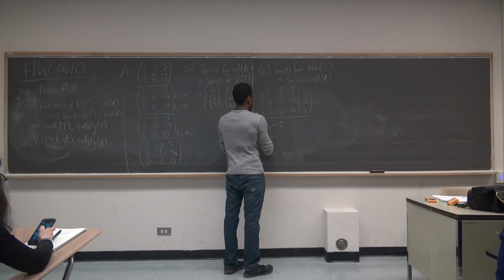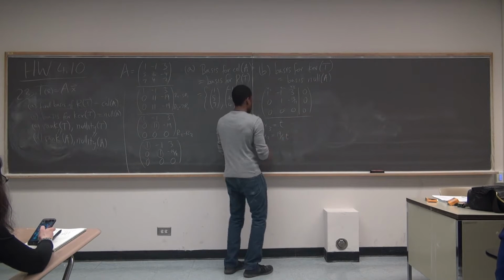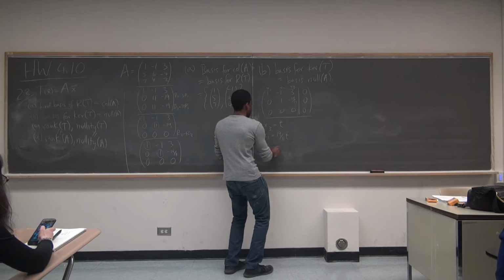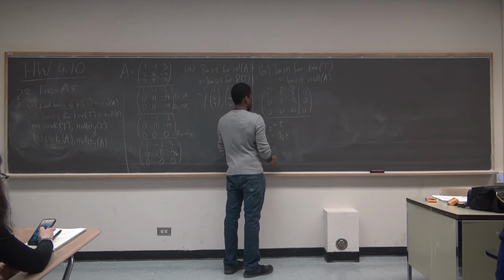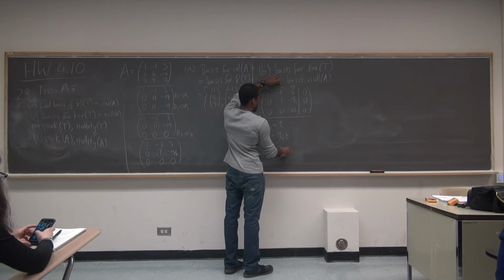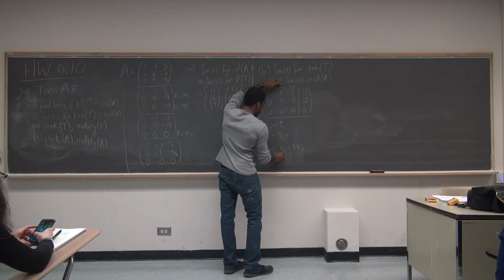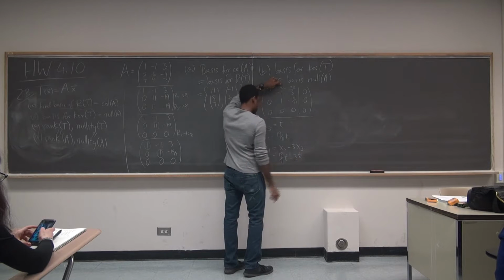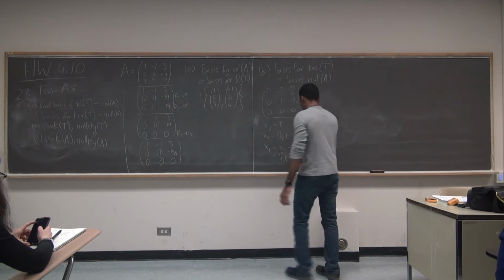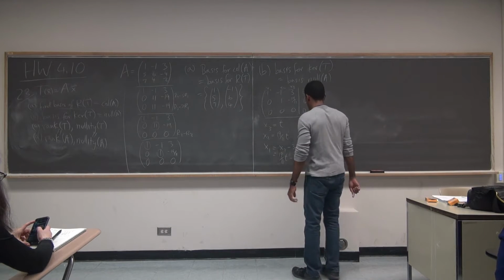So x2 would be equal to 19 over 11 t. x1 would be x2 minus 3 x3. x2 I know is 19 over 11 t, and 3t becomes 33 over 11.